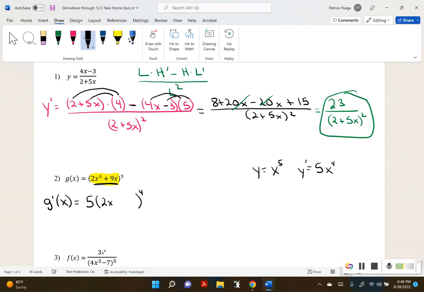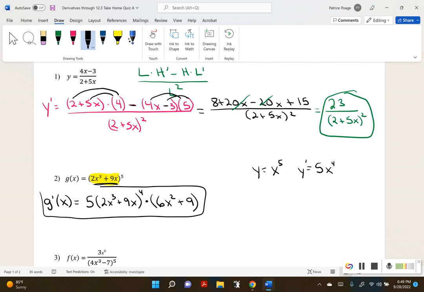Copy paste the stuff into the parentheses, times the derivative of that stuff. So the derivative of 2x cubed is 6x squared, plus the derivative of 9x is 9. And the only thing you could do to simplify would be if you wanted to multiply this 5 over here into that back part, but that's not even necessary.